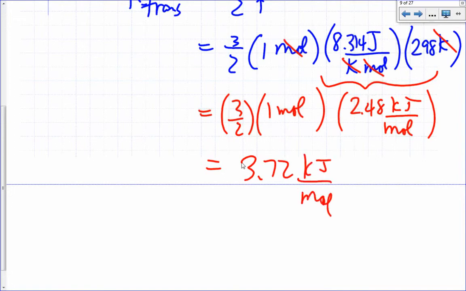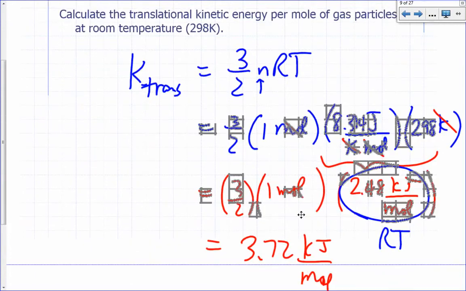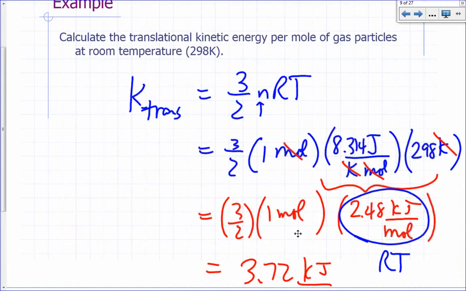Try to remember this number because you'll see that a lot. That's the value of RT at room temperature. And there's a lot of formulas that you'll encounter that have RT in them, so it's a good number to remember. It's about 2.5 kilojoules per mole. So 1.5 times that would be your translational kinetic energy per mole. That's the total kinetic energy of 1 mole of gas molecules.